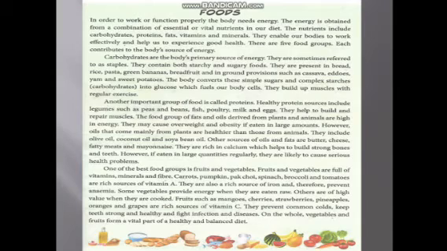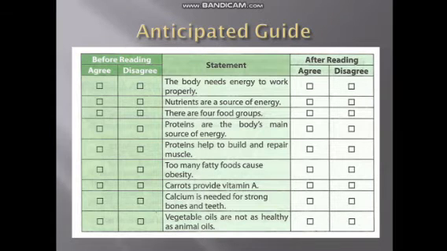They may cause overweight and obesity if eaten in large amounts. So, too many fatty foods cause obesity. I am indeed correct. So I will let my agree remain. All right. This is what an anticipation guide means.